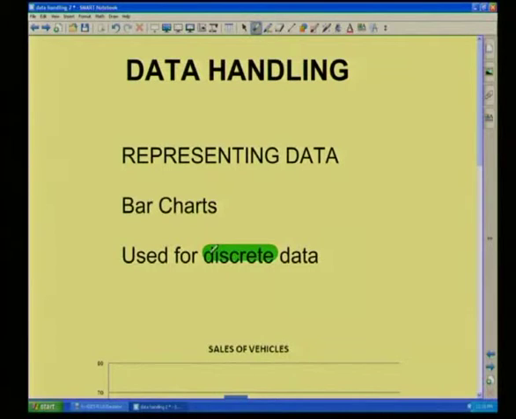That word simply means that one set of data does not relate to another. Remember when we were talking about ages, one age followed on from the last age. 5, then 6, then 7, then 8. But when I'm looking at discrete data, I'm looking at items in my sample that do not relate to each other, and yet things that I might be interested in.